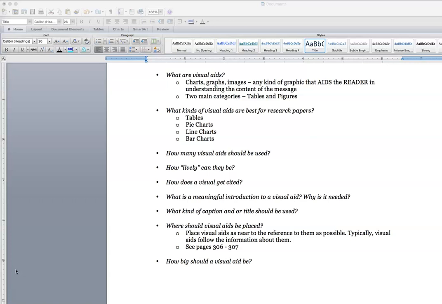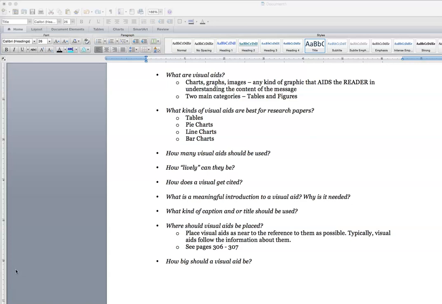So the best introductions for graphics interpret them for readers. So you have to talk about the graphic before you show it. So remember, say it, then show it. Talk about it, then provide a visual aid of it. And remember, we can't provide a visual aid for everything. So we want to provide a visual aid for things that are maybe a lot of numbers and things that are difficult for the reader to imagine in their head, and we don't want them to get mixed up.